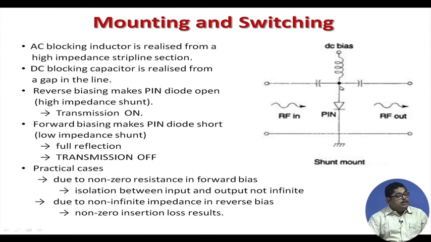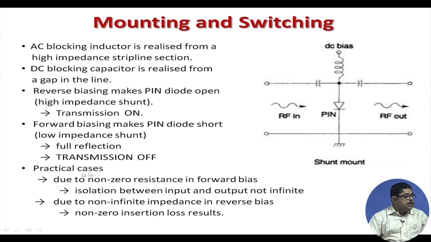So, the whole circuitry in the path should be able to withstand that twice voltage, because if you put an open like this, all these places will get a voltage that is twice the incident. So, transmission is off in the forward biasing case.